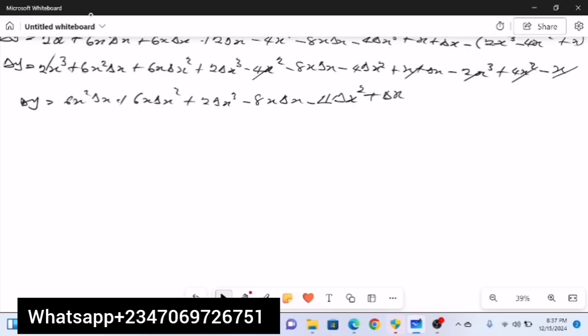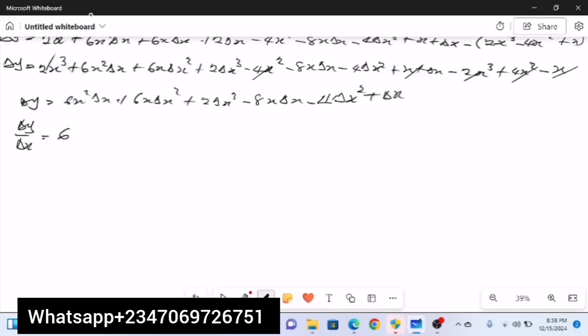Now at this point what you simply do is divide both sides by change in x, since we're looking for dy over dx, right? So we divide both sides by change in x, so that becomes change in y all over change in x. This is going to be equal to, so I'll divide everything here by change in x.